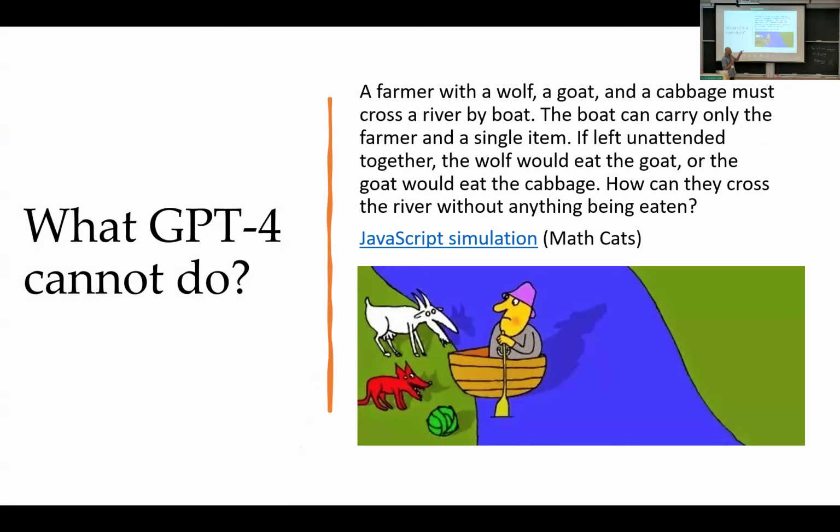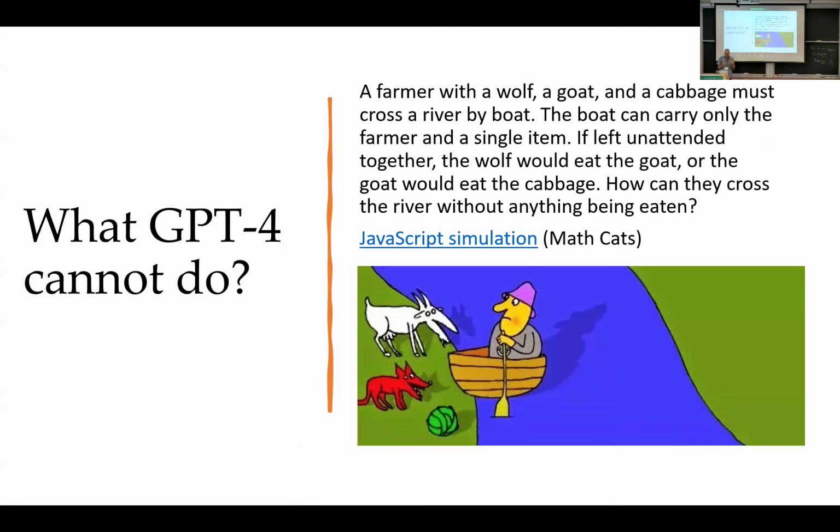So I guess some of you might be familiar with this puzzle. The puzzle is about a farmer, a wolf, a goat, and a cabbage. The farmer must cross the river and take the wolf, the goat, and the cabbage to the other side.